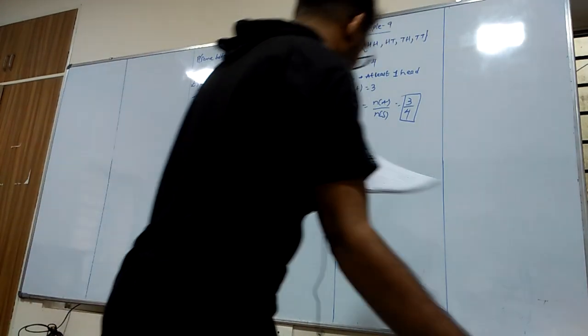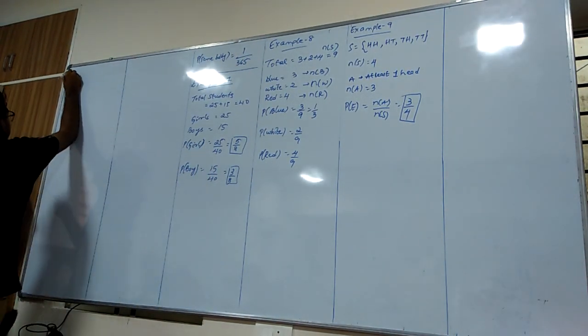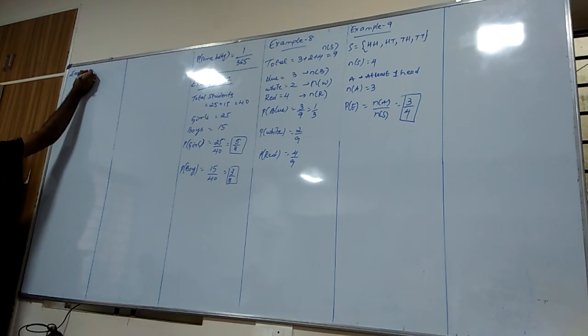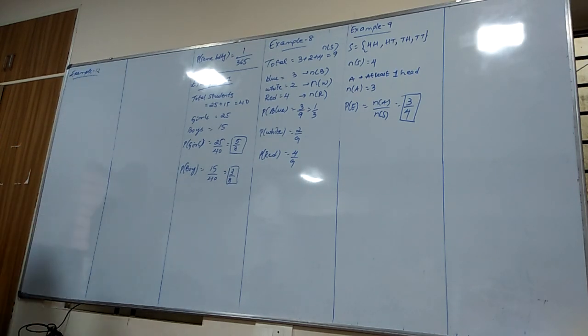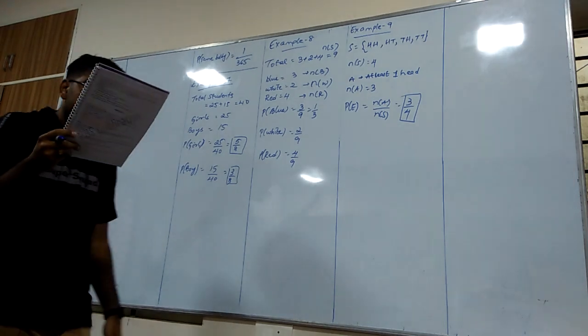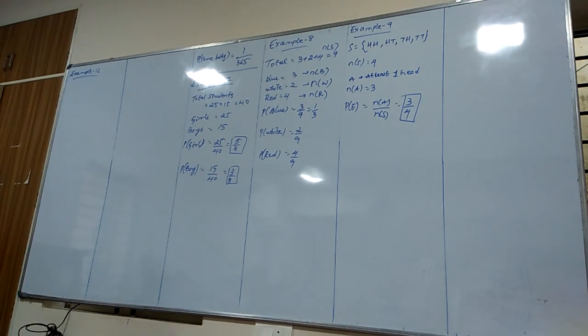Okay, can we start with example number 12? A carton consists of 100 shirts, out of which 88 are good, 8 have minor defects, 4 have major defects.